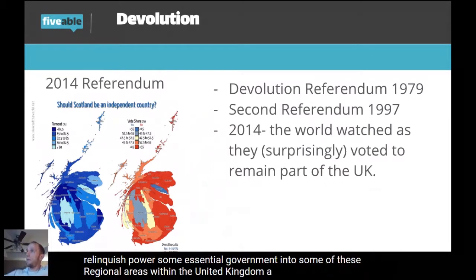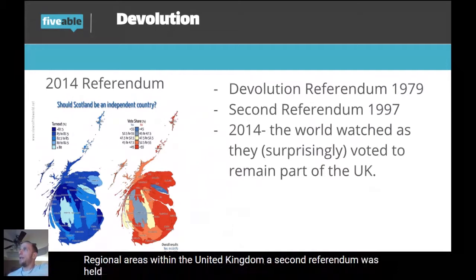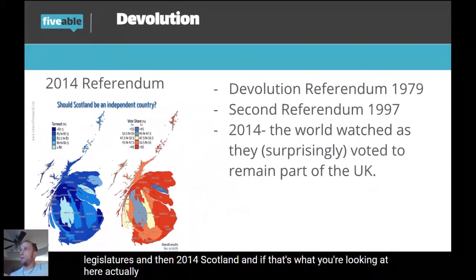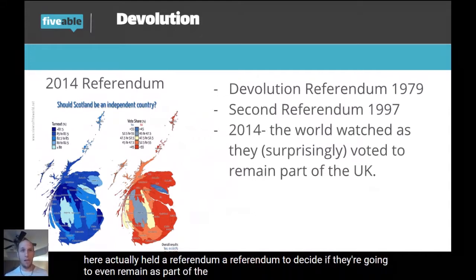A second referendum was held in 1997, where more freedoms were voted into regional legislatures. And then in 2014, Scotland, and that's what you're looking at here, held a referendum to decide if they're going to even remain as part of the United Kingdom.